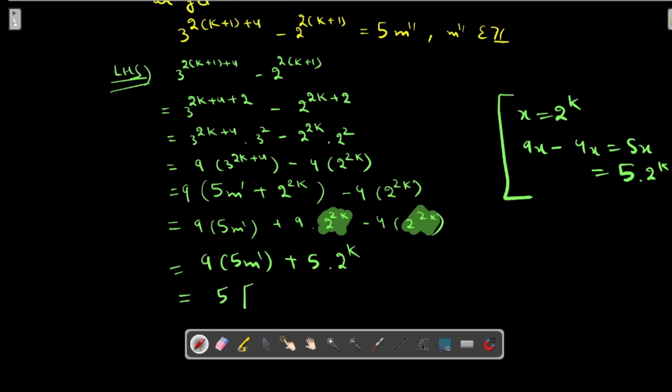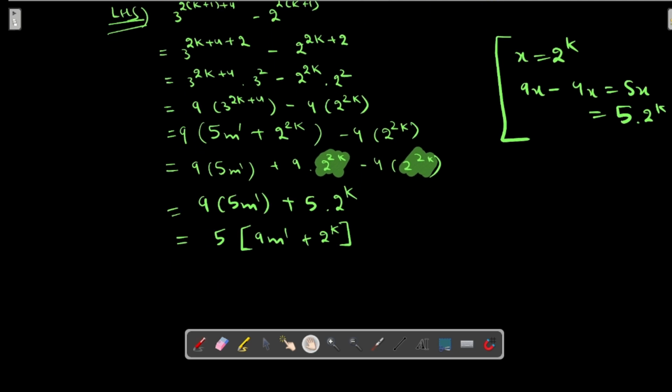Let's pull out 5. So it's 5 times (9m dash plus 2 to the power of 2k). Okay, and this gives us 5 times m double dash, where m double dash is 9m dash plus 2 to the power of 2k.